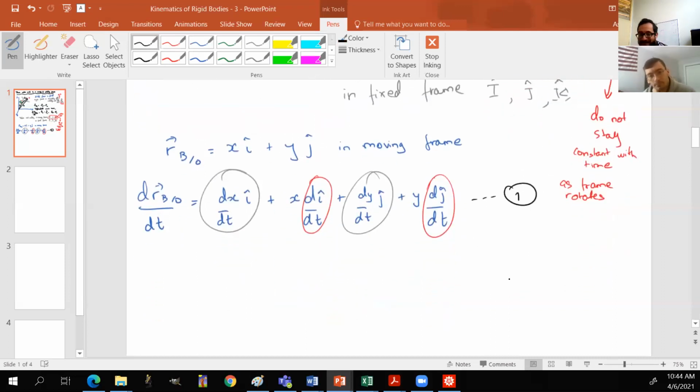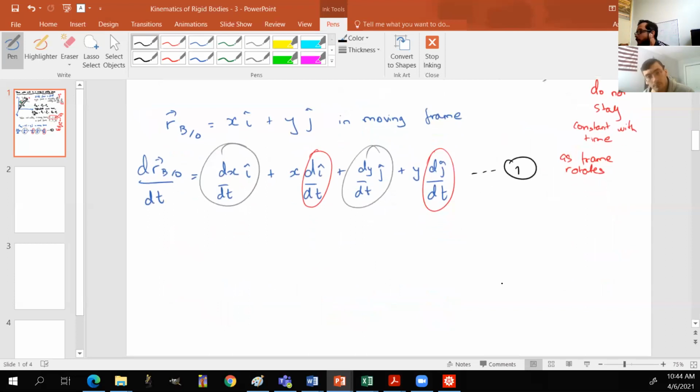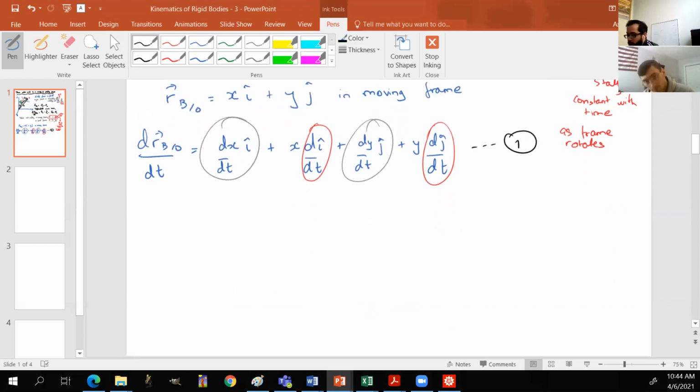In order to find these terms, you have to look at your moving frame of reference relative to your fixed frame of reference. Now I have my fixed frame of reference. What is the magnitude of these unit vectors? One, right?